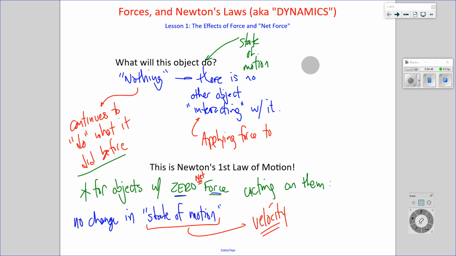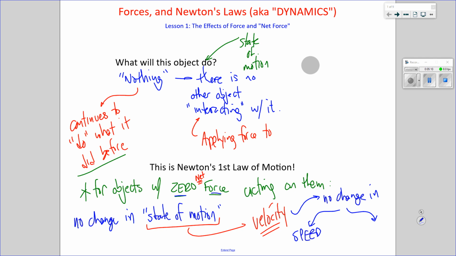What does that mean? Well, for an object that doesn't change velocity, there's no change in speed, which is what lots of us think velocity means, but it doesn't. It means more than that. If velocity is going to remain constant, then an object can't speed up or slow down.